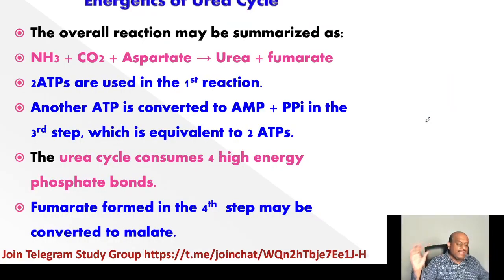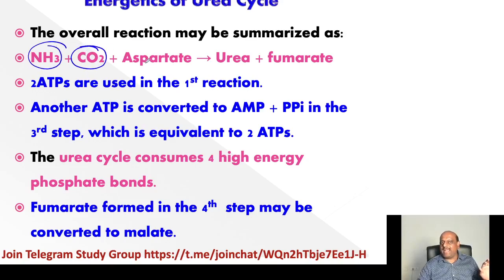So finally, guys, let us talk about the energy of the urea cycle. So that by remembering a Coca-Cola, a coffee, an Argentina wine and the urine, you can remember urea cycle enzymes. So what is the energetics?